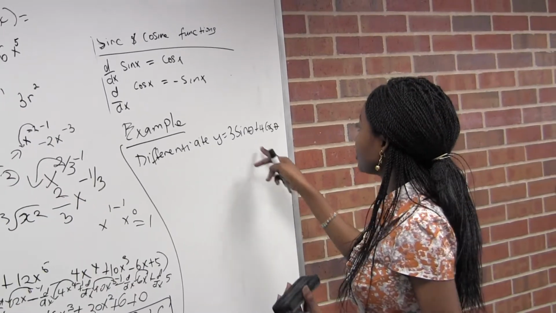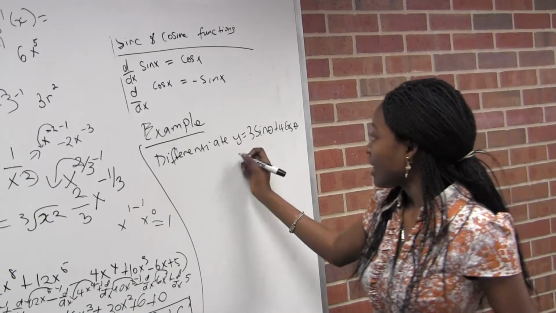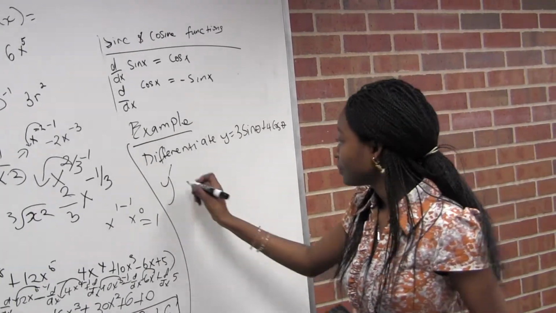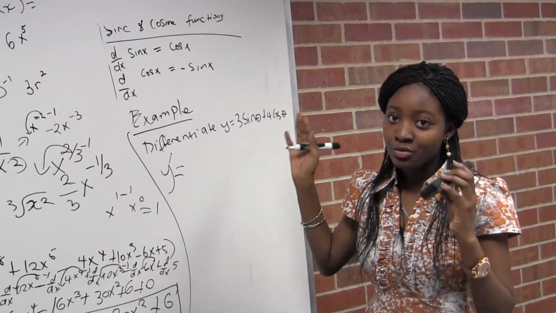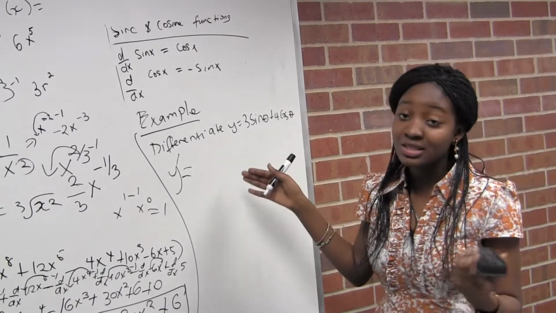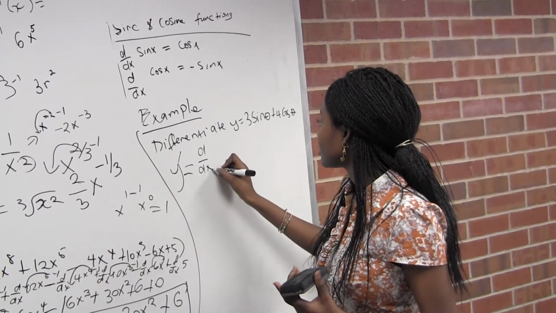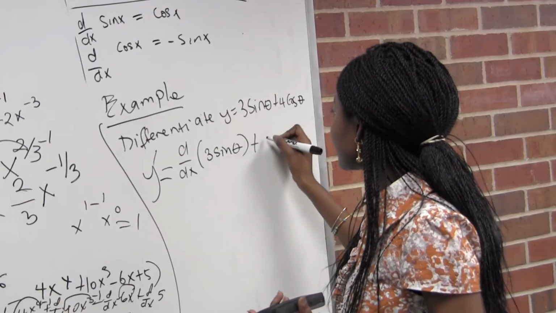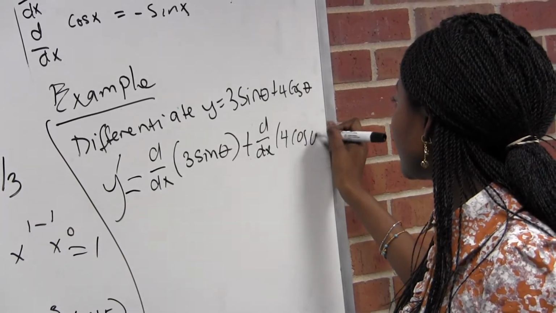Differentiate y equal to 3 sine theta plus 4 cosine theta, right? So now in order to differentiate, this becomes y prime, right? And here I'm going to make use of my sum rule, and also my constant multiple rule. So this becomes d dx of 3 sine theta plus d dx of 4 cosine theta.